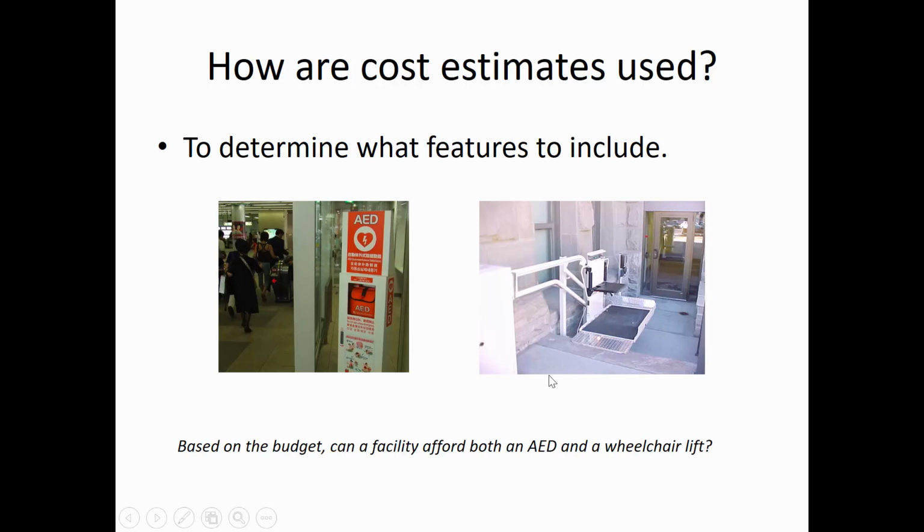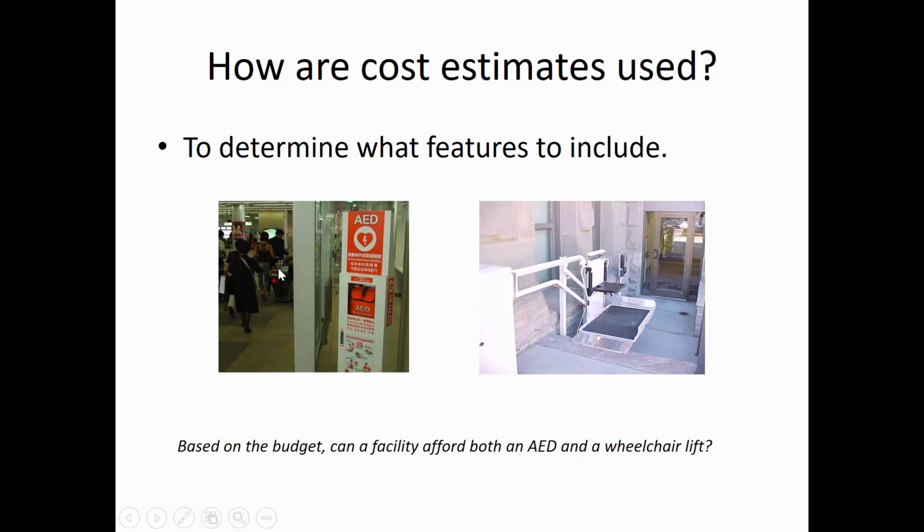So here's just an illustration in an airport. If you've got a fixed budget, remember, budget limitations guide the decision-making process, can you afford both an automatic external defibrillator? Those are the things where if someone's having a heart attack, you put it on their chest and stand back and let the computer shock them and decide if they've got their heart back.